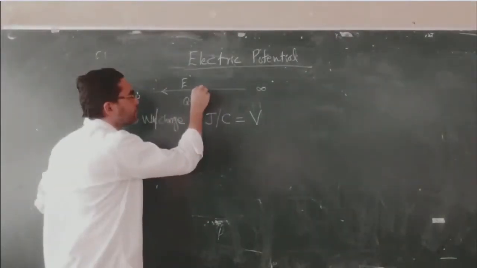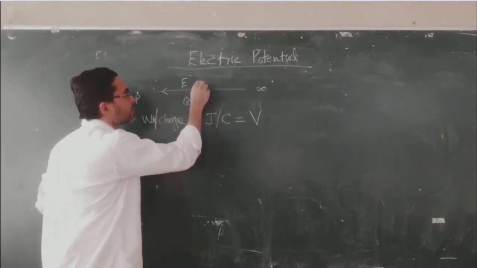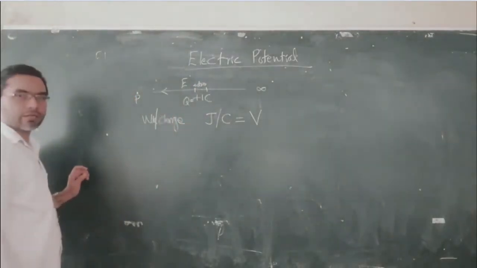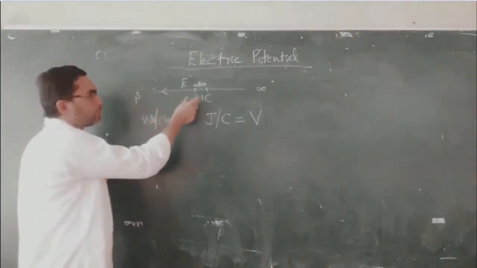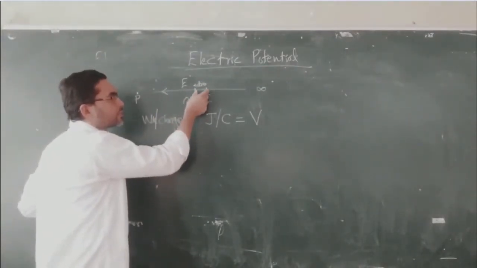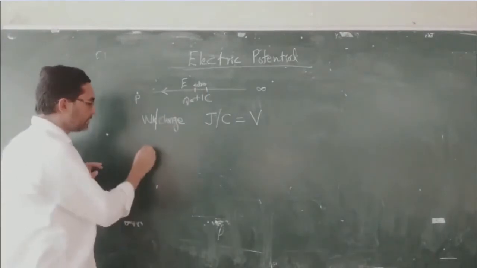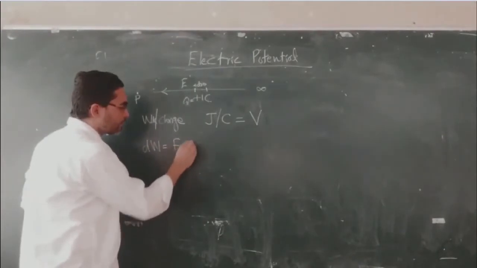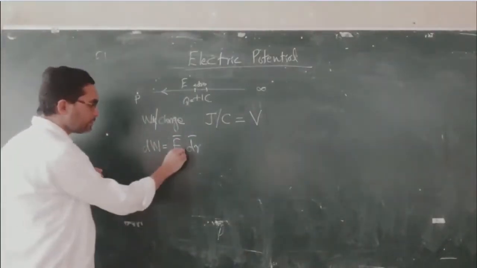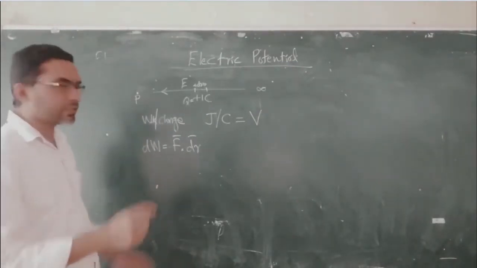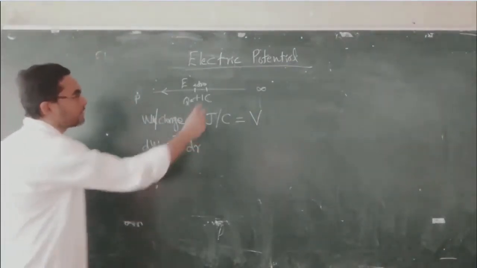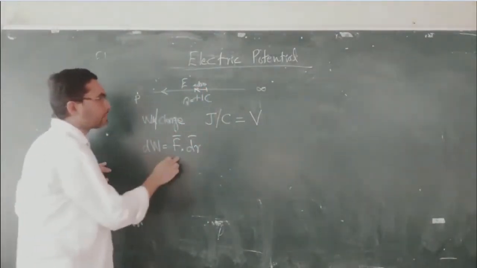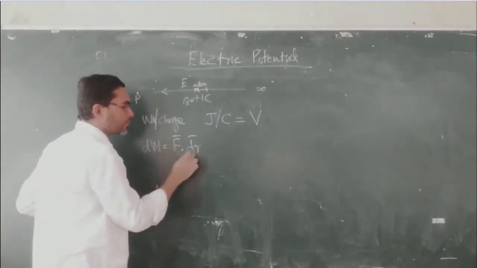During that path, you are moving the charged particle through a small infinitesimal distance dr. Then the amount of work done to move the plus 1 coulomb charge through this small distance dr will be called dW. dW is equal to F dot dr, because F is the force that you are exerting on the charged particle. You are moving the charged particle from this side to this side, and the particle is moving in the same direction. So dr is in the same direction. That is called F dot dr.